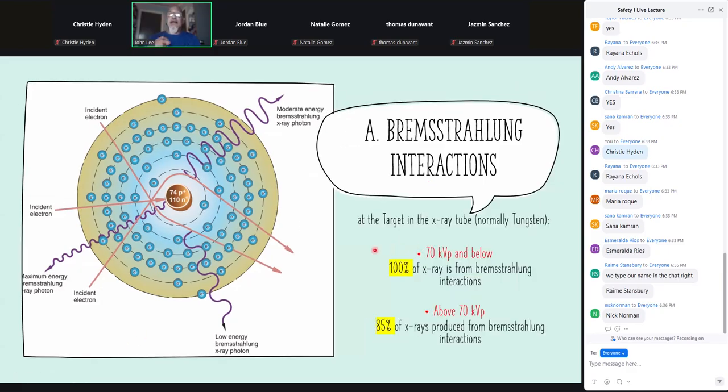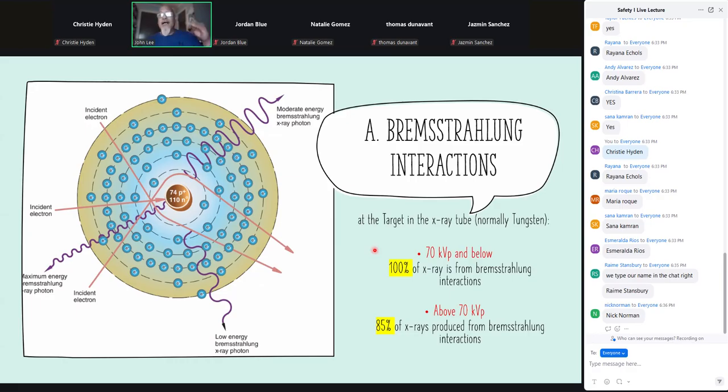Because the binding energy of tungsten K-shell electrons is approximately 69.5, if we use a kVp setting below 70, or below 69, 100% of the interactions that are going to occur here are going to be of the Bremsstrahlung type.